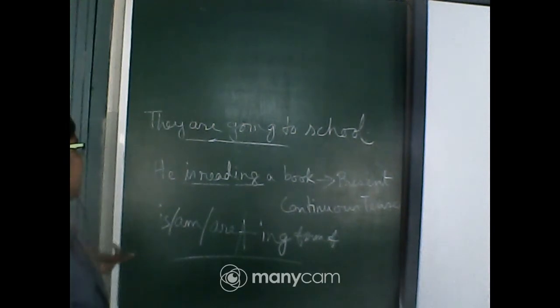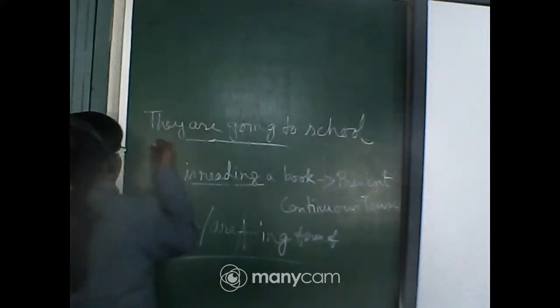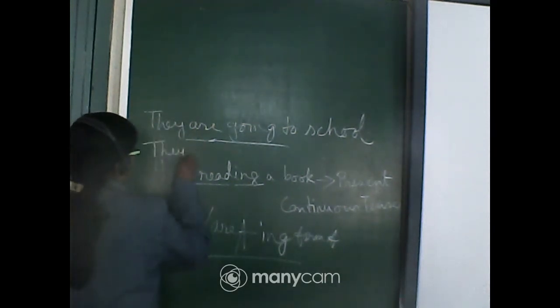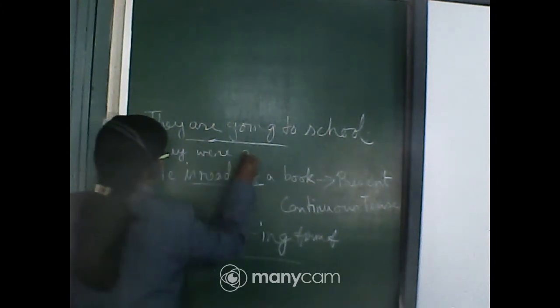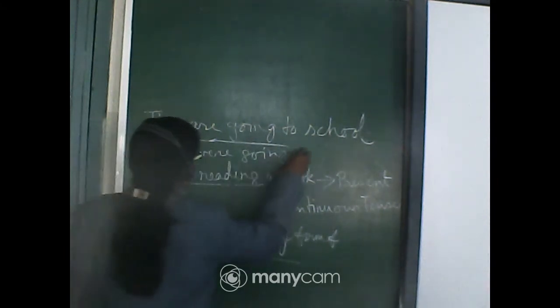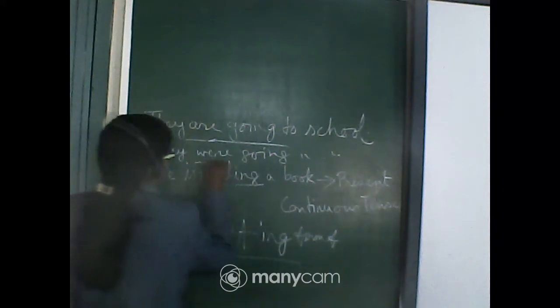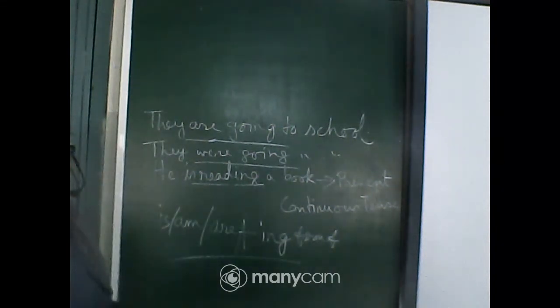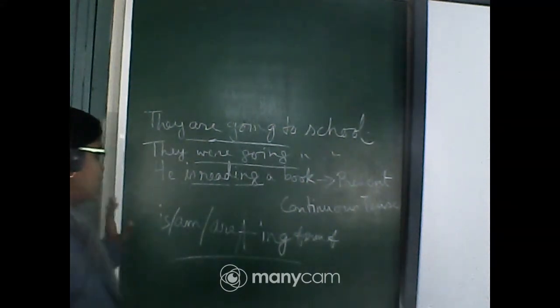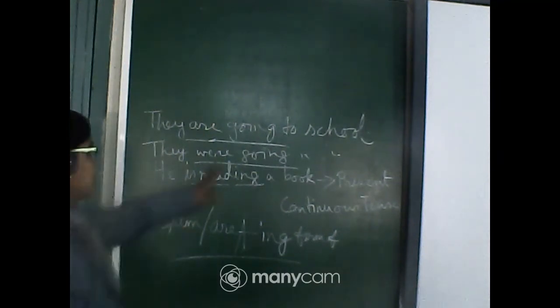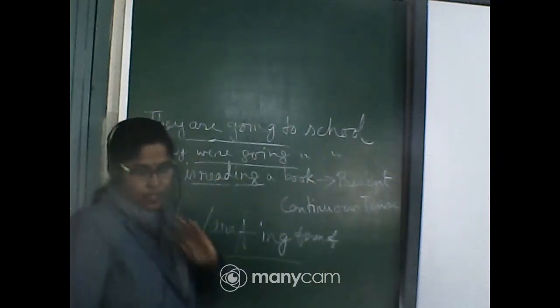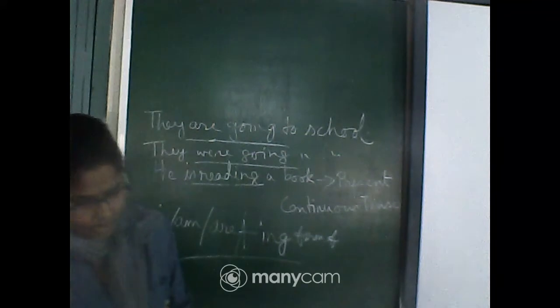We can also write they were going to school. That is also the same thing. Past tense of is, am, are verb, plus ing form of main verb. That is present continuous tense.